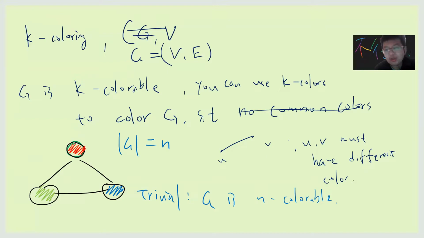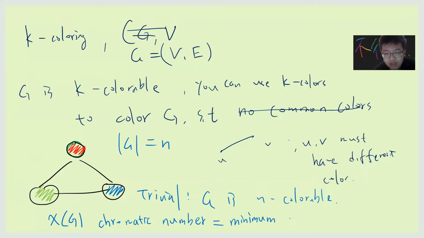So there's a number called the chromatic number, which is defined to be the minimum K such that G is K colorable.